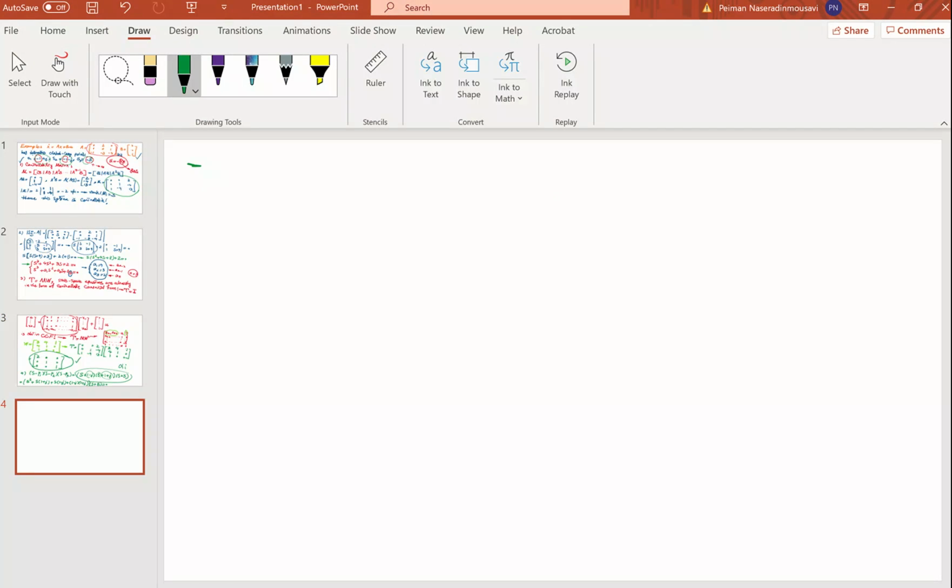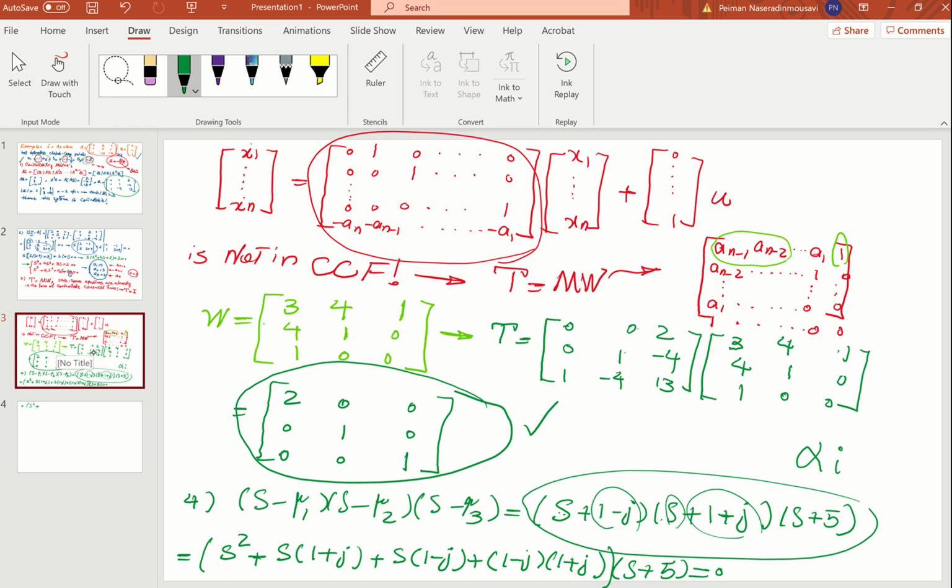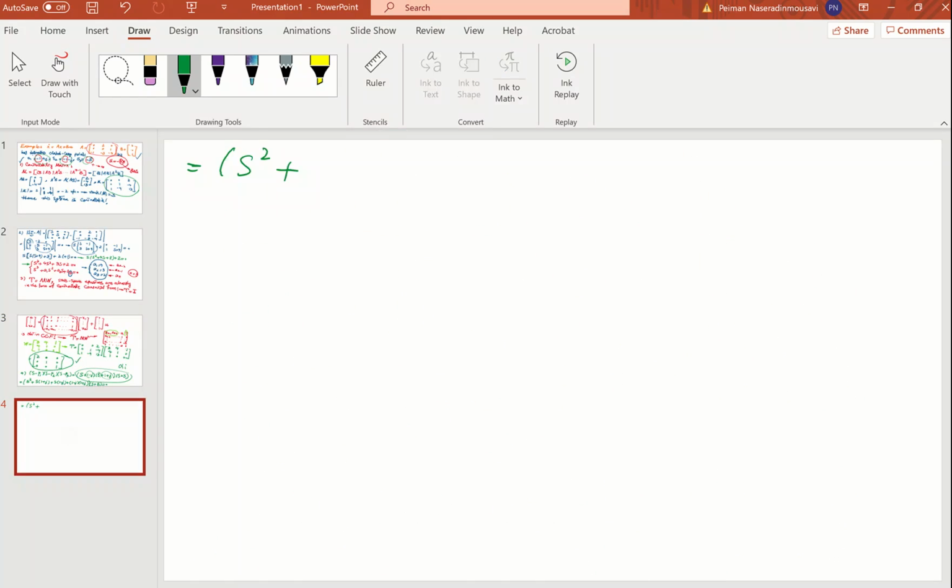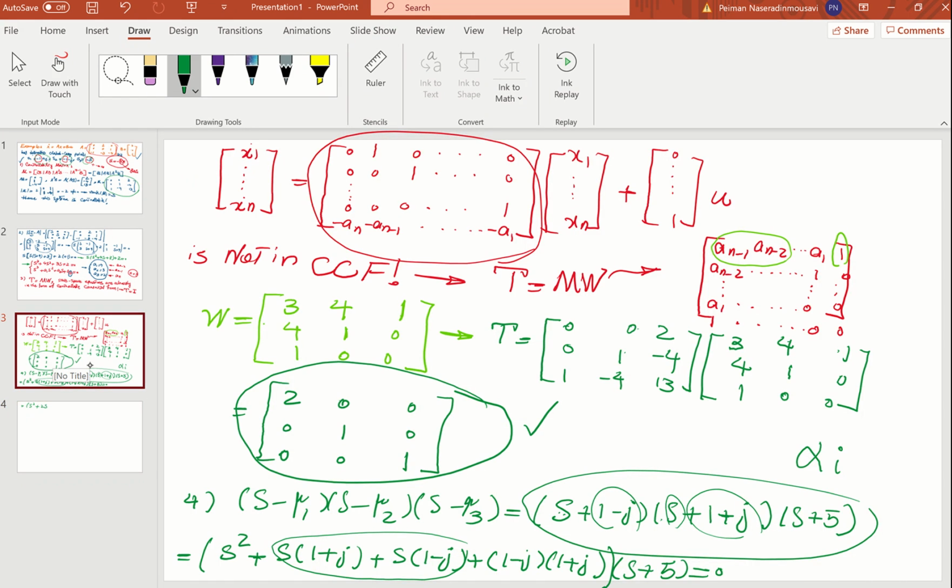The result is again s squared plus, look here, minus js plus js, so remaining out of this term is 2s. Now the multiplication of these two terms gives 1 minus j squared.